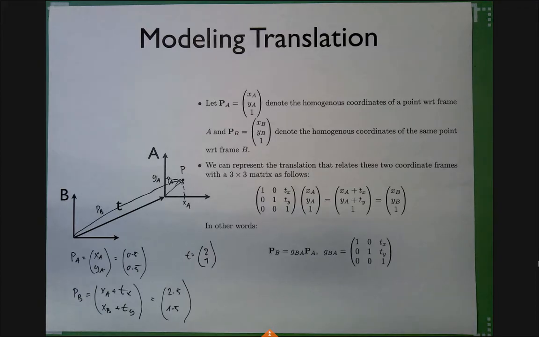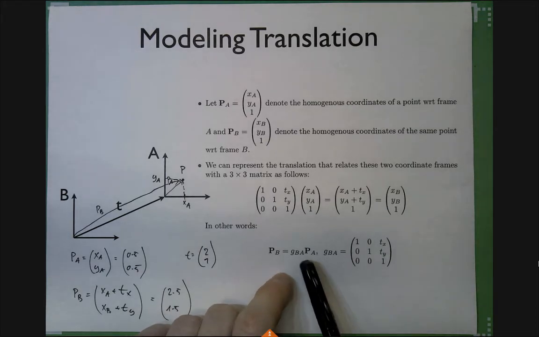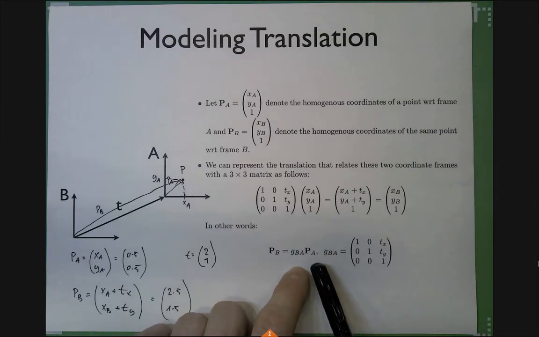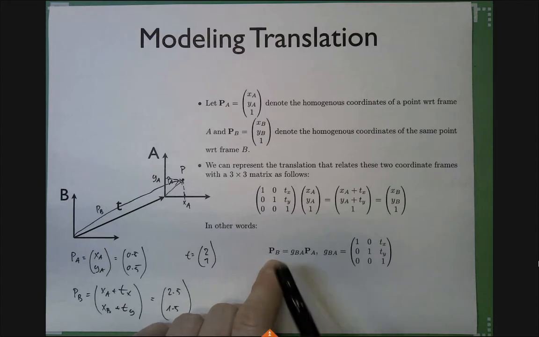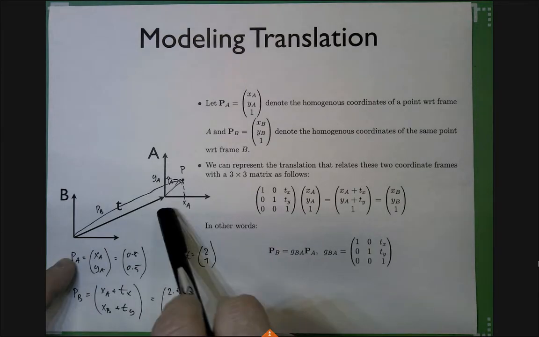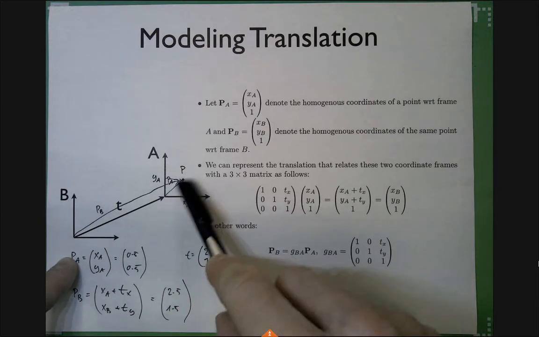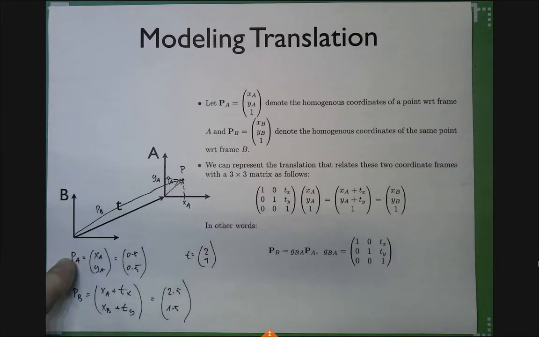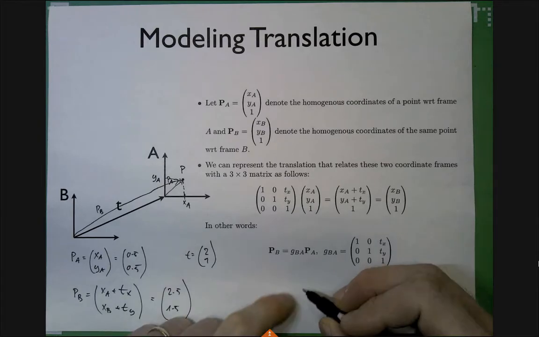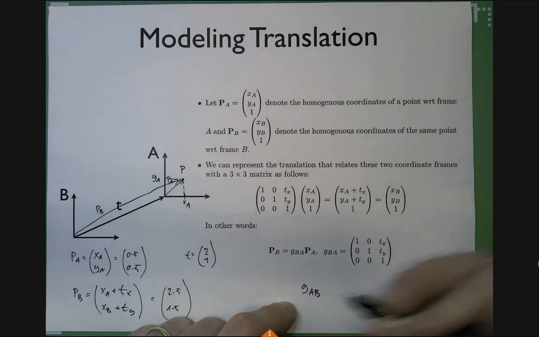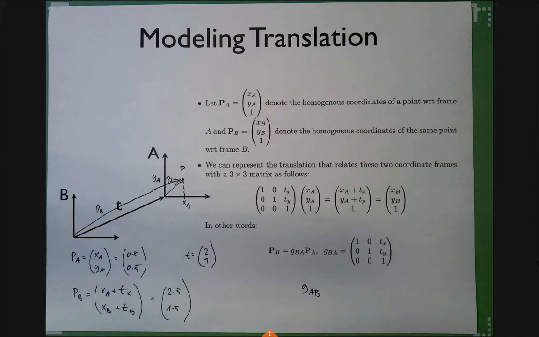Typically, you translate it the other way around. And to remind you again, the convention is that GBA means converting coordinates from frame A to frame B. So that's exactly what we did here. We had coordinates from frame A to frame B. How do you think the opposite transformation, the GAB, going the other way around, would look?